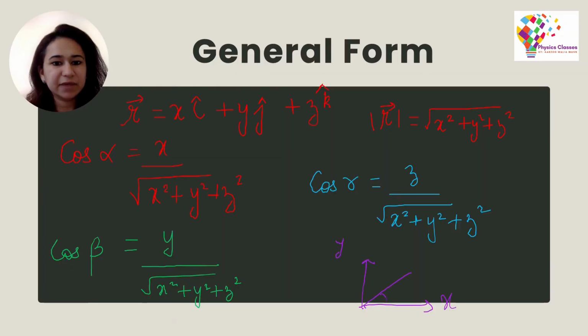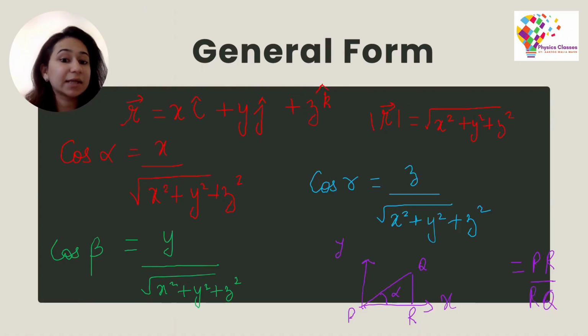If I want to write the cos alpha for this particular triangle, then cos alpha would simply be equal to PR by PQ. Now if you look carefully, PR is nothing but the value x, the x component, and PQ is nothing but the magnitude of the vector r.